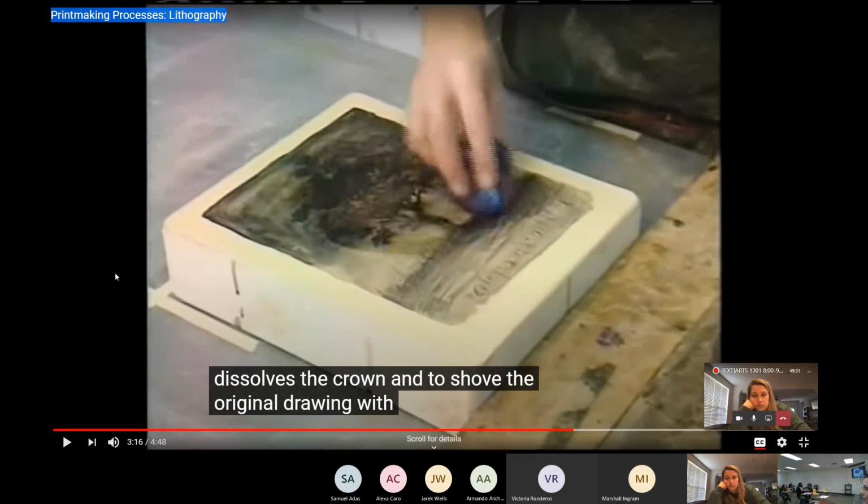So the image has already been eaten into the stone with the nitric acid, so we don't need that image anymore. So now he's cleaning it off.